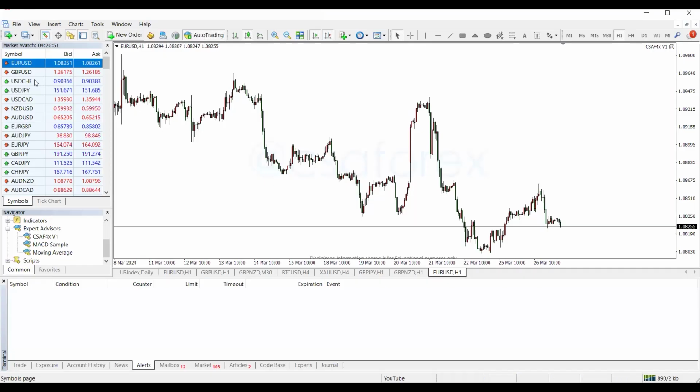And you would always see this in your quote section or in your new order section just before you place a trade. So this first currency, X, is known as the base currency, while the second currency, Y, is known as the quote or counter currency. It counters the first one.